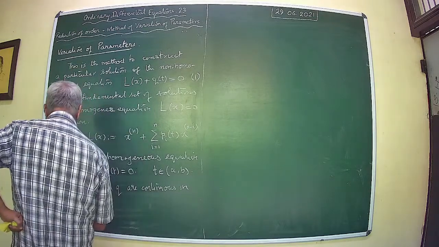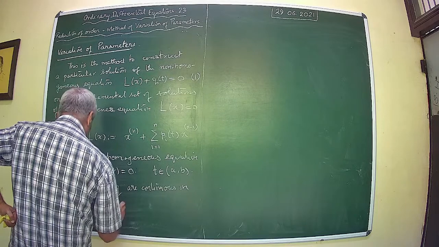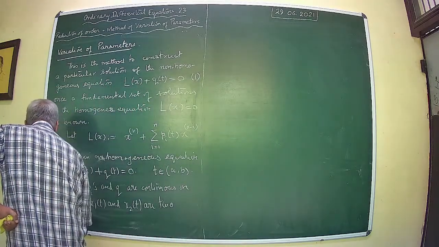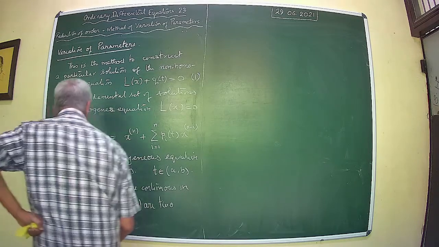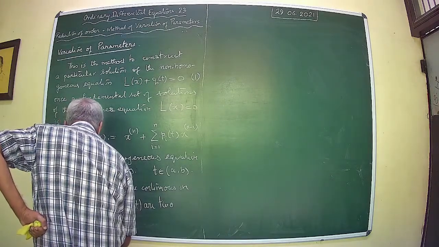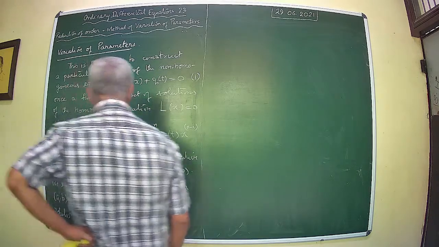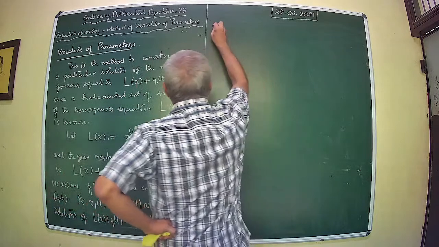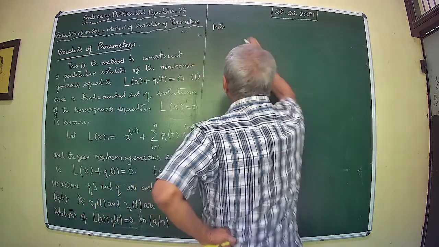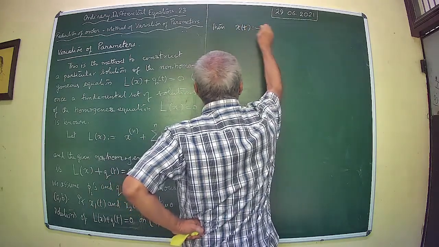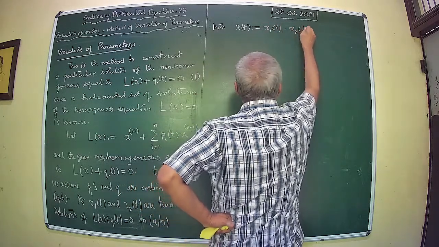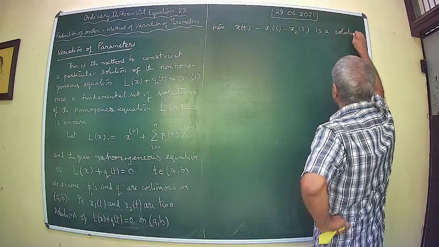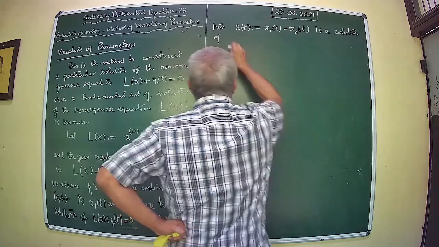now if x1 and x2 are two solutions of the nonhomogeneous equation on the interval, then x1 minus x2 is a solution of the homogeneous equation.